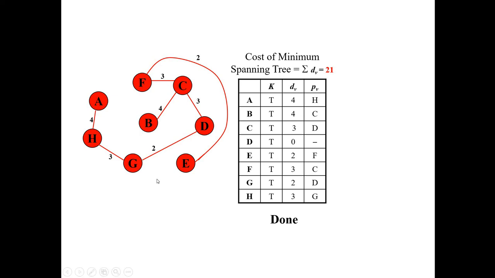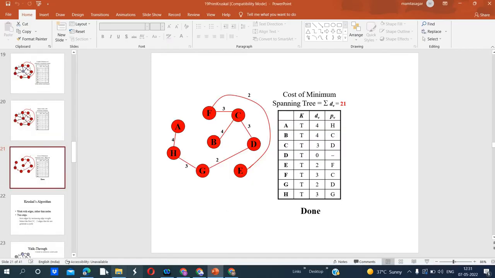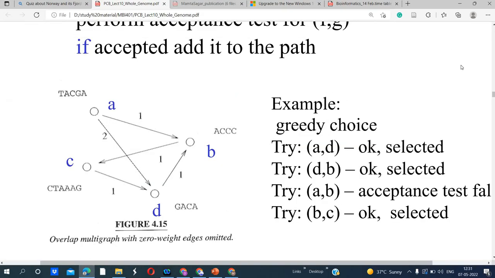Now I am coming to the genome sequencing method. Here also we use the greedy algorithm. Now you can understand easily. But what is the difference here? We are giving weight, we are adding weight to the path for each edge that we are visiting.